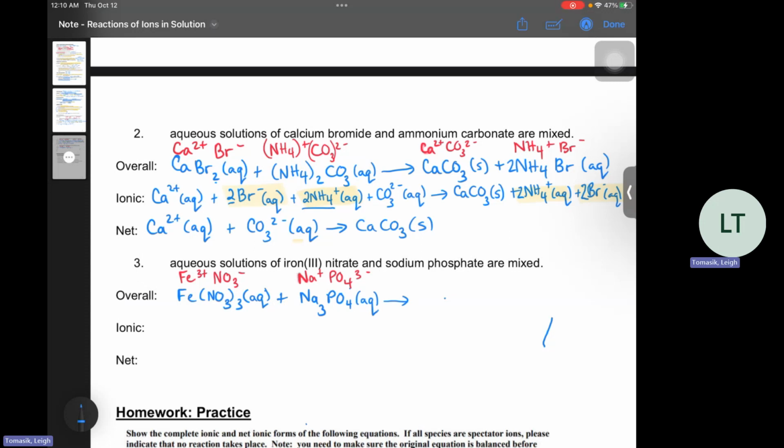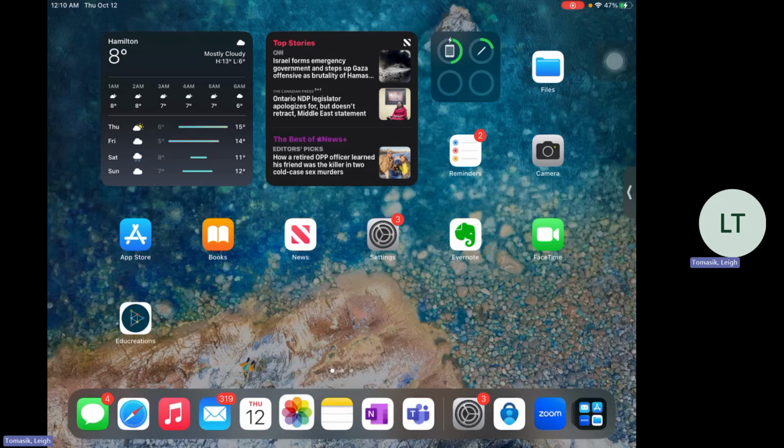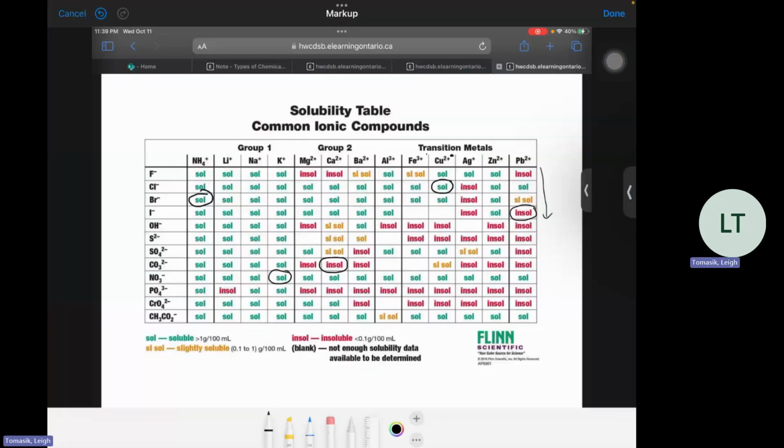Okay, now, when we mix those, we get what? Iron is going to go with phosphate. Let's check to see if that's the precipitate. Iron 3 plus is here, and phosphate is down here. And where they meet, we see it's insoluble.